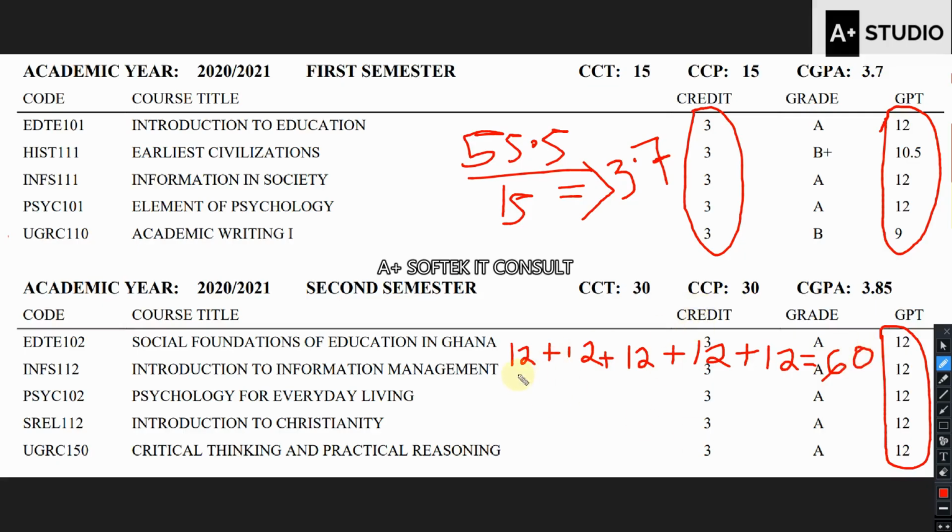Okay, that is 3 plus 3 plus 3 plus 3 plus 3, which is also going to be 15. Okay, so this is the grade point total, and then this is the credit hours.